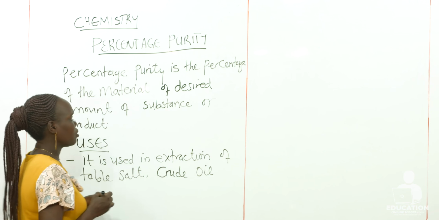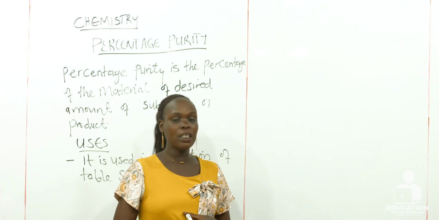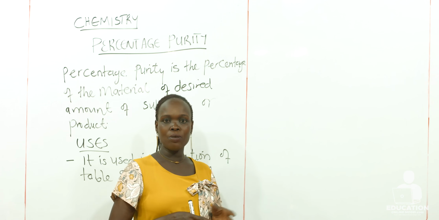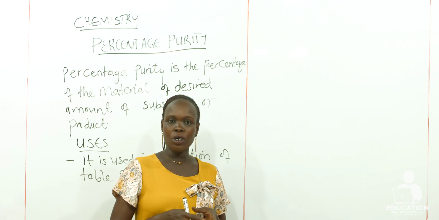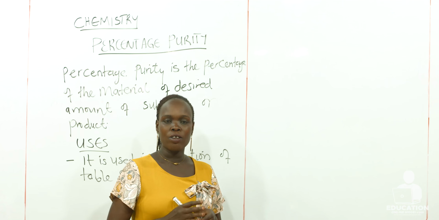Percentage purity is most usually used in companies or industries where there is crude oil production and also extraction of table salt.